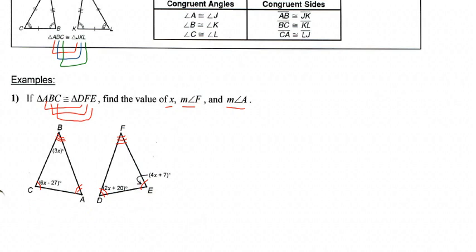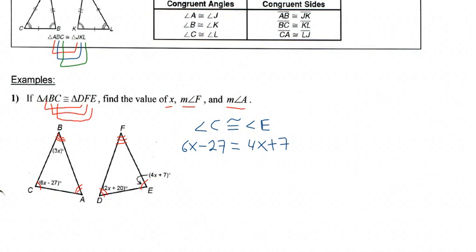So angle C is congruent to angle E, and therefore we will have this equation, 6x minus 27 is equal to 4x plus 7, because congruent angles are angles that have equal measures.